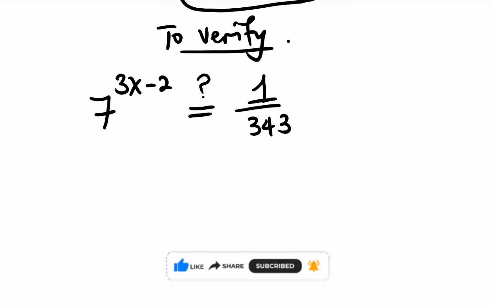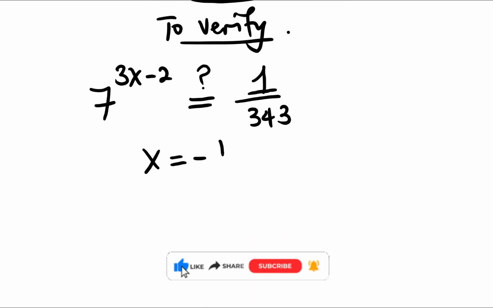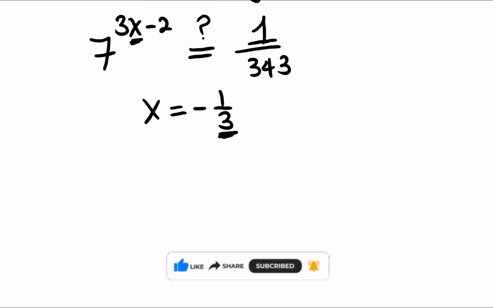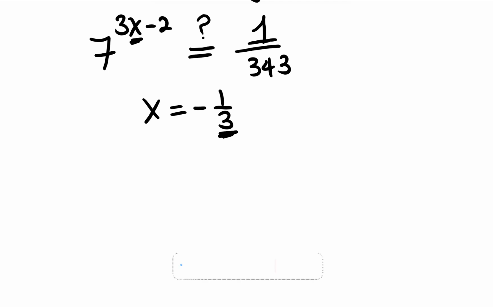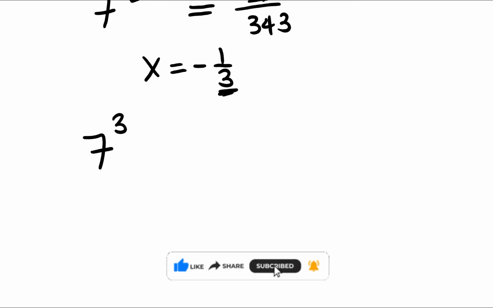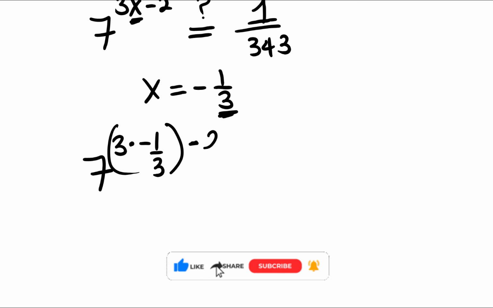Okay, so we found our x to be minus 1 over 3. So let us plug in minus 1 over 3 into wherever we find x in our equation. So now this becomes 7 raised to power 3 times minus 1 over 3, minus 2.